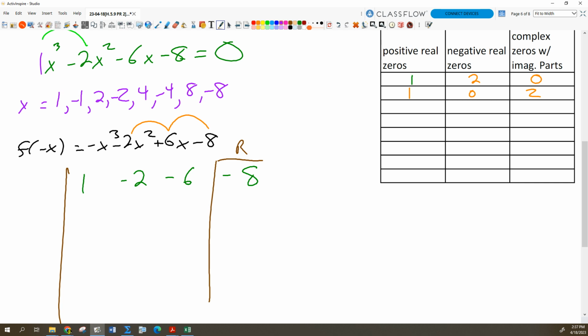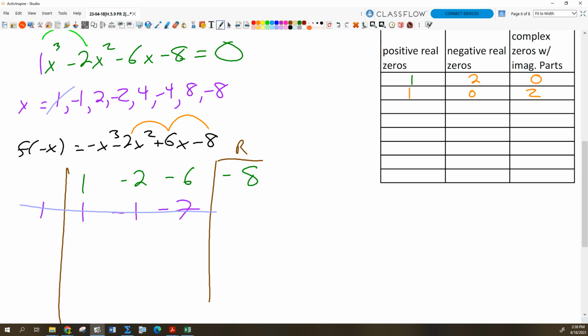Let's try 1. So you guys tell me what to write here. I bring the 1 down. What goes here? -1, right? 1 times 1 plus -2 is -1. What goes there? This isn't going to work, is it? Everybody see I'm not going to get 0? So that one we can cancel. We can take the 1 off the list.